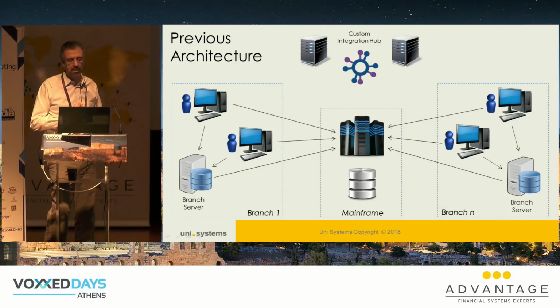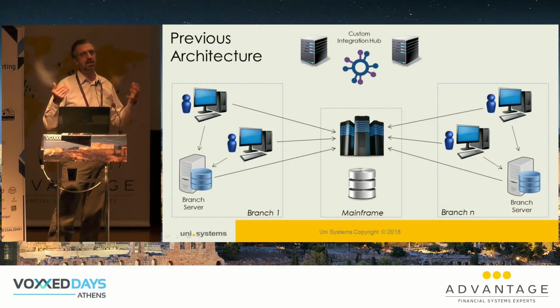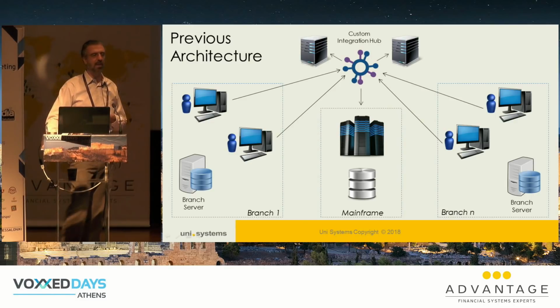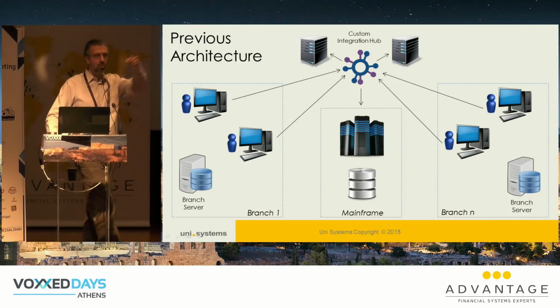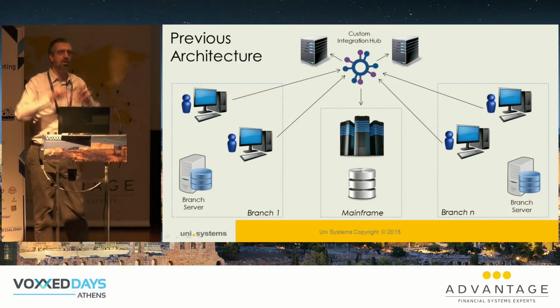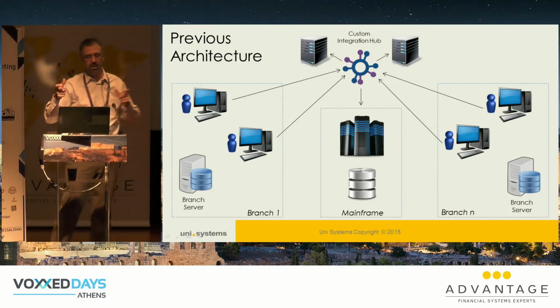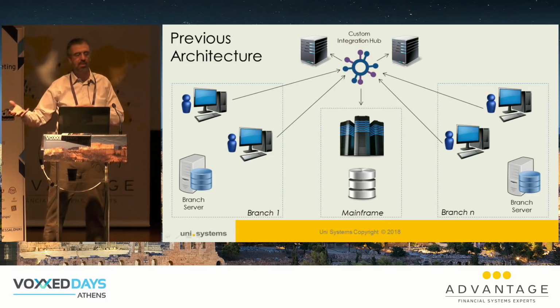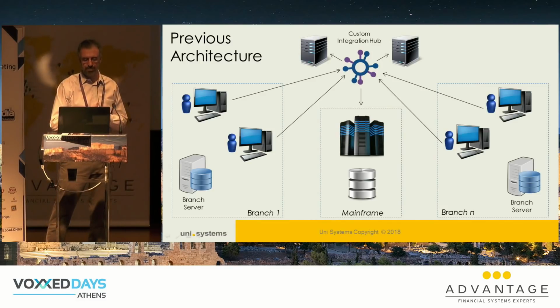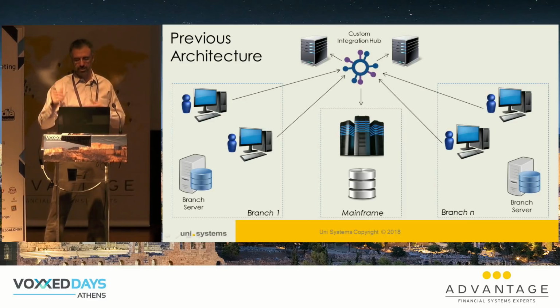And when a transaction required that other systems were engaged in the transaction, then what would happen is that, again, the client applications would be calling the custom integration hub, and then the hub would coordinate, would call all the external systems and the mainframe and return the result to the client. It's a very high-level depiction of the architecture so that you get the gist of what we had to deal with.